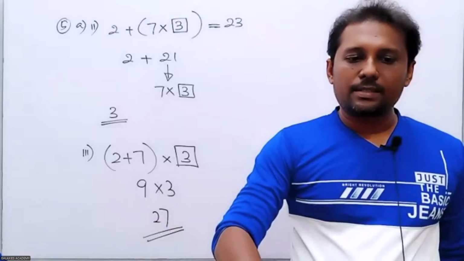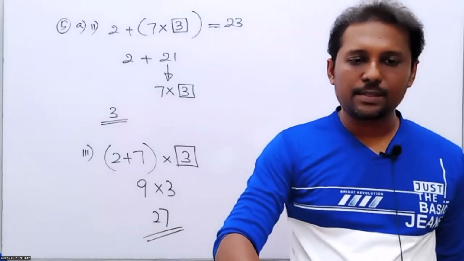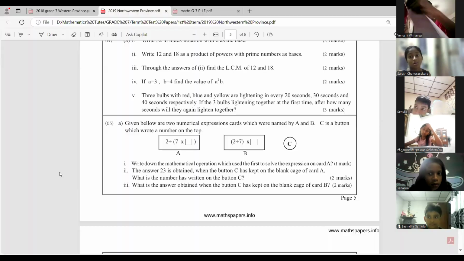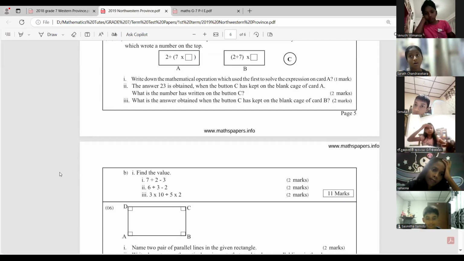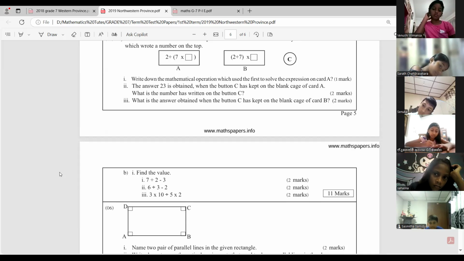Right. Then let's go to the next part. Next part is part B of the same question, no? Find the values. There are 3 numerical expressions given. The first one is 7 plus 2 minus 3.